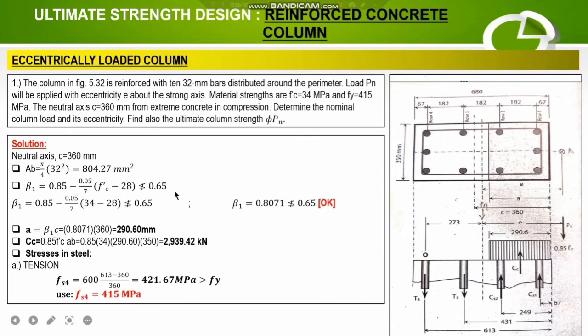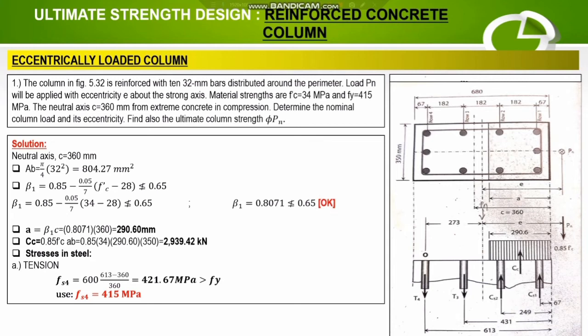We cannot directly use beta 1 equal to 0.85 since the given Fc prime is greater than 30 megapascals. Plugging in the values, beta 1 is equal to 0.85 minus 0.05 over 7 times the quantity of 34 minus 28, and shall not be less than 0.65. So we can solve for beta 1, which is equal to 0.8071, and it is greater than 0.65. So our computation for beta 1 is okay.